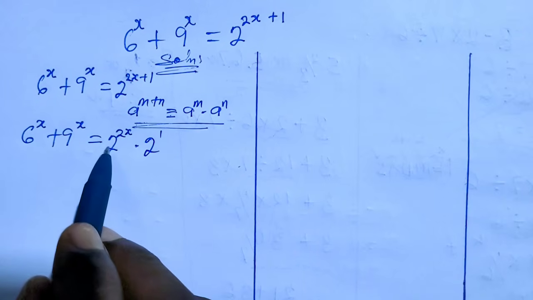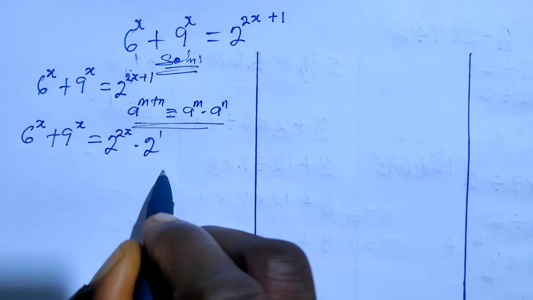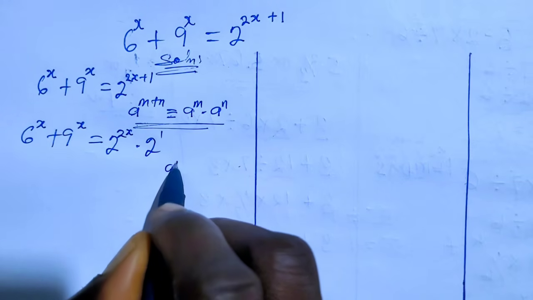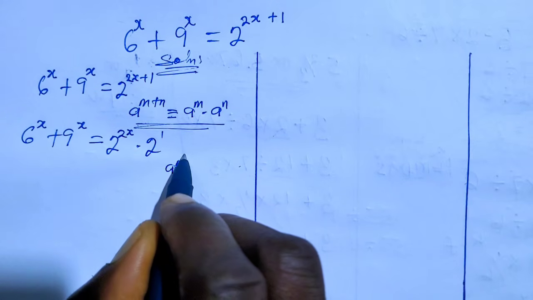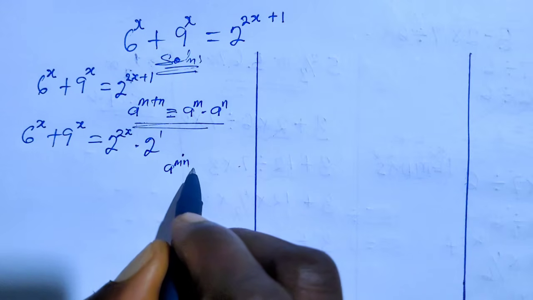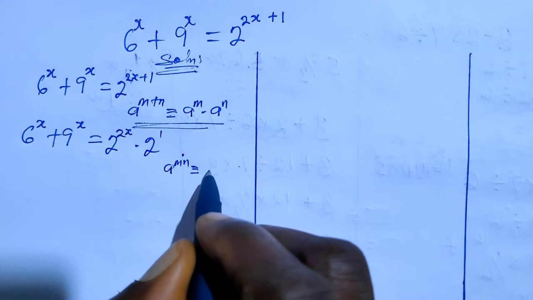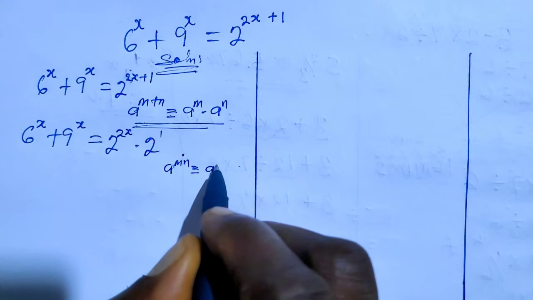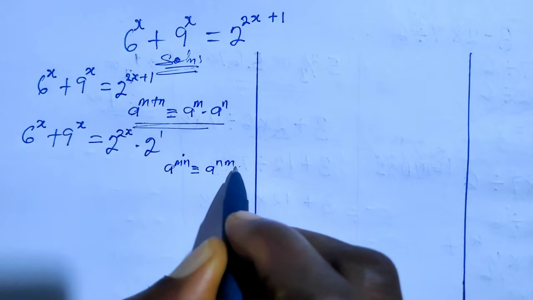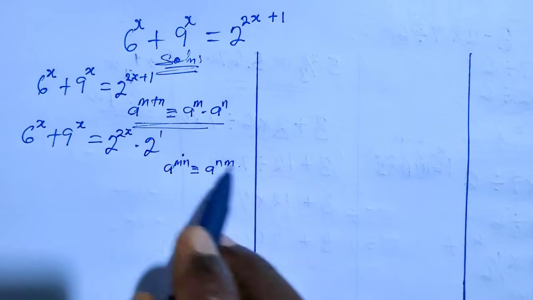Recall that a to the power of m n is also equivalent to a to the power of n m, called the distributive power law of indices.